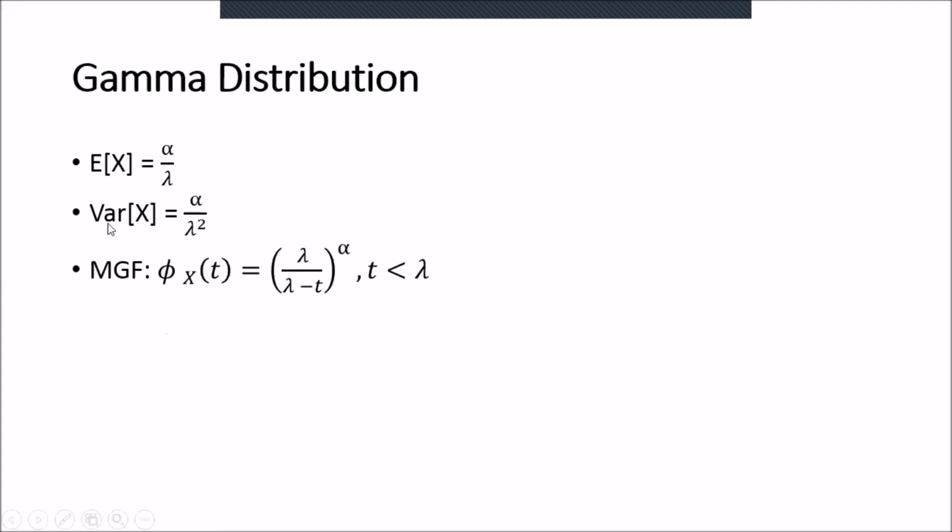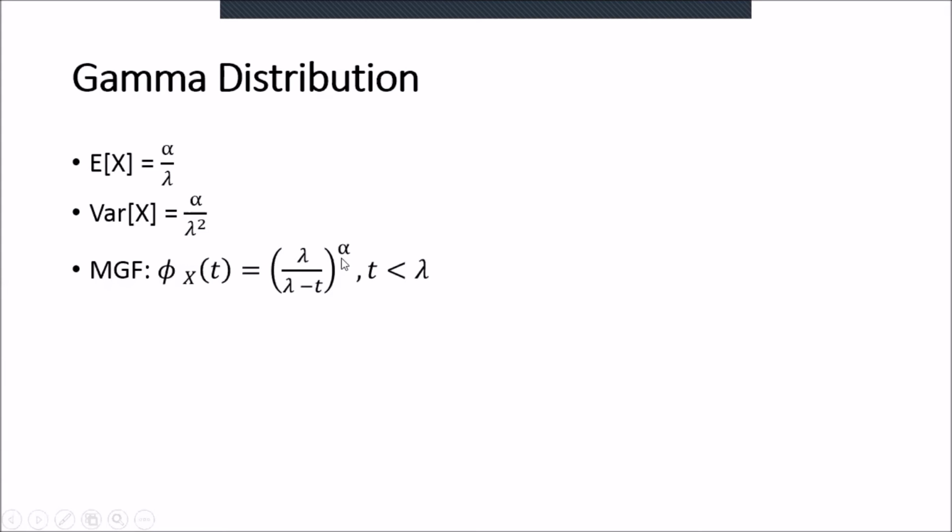It has a variance of alpha over lambda squared, and its moment generating function, phi x of t, is given by lambda over lambda minus t to the power of alpha for t less than lambda. And if you recall from the exponential distribution, this is simply lambda over lambda minus t. This is the part inside the brackets of the gamma distribution.